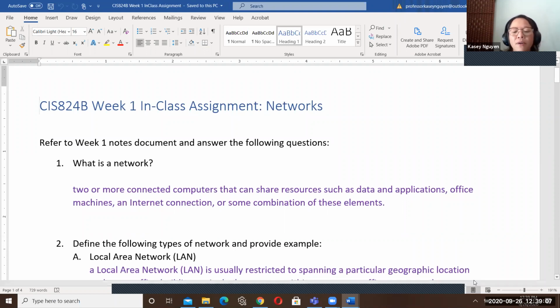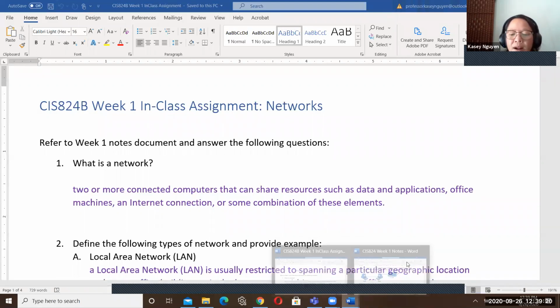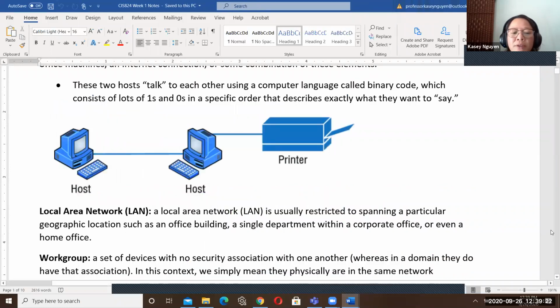Okay, any questions? So you should expect something like this on our quiz, okay? And for the second part, it talks about local area network. So when you start looking for jobs, for example, my students, they want to be a network technician, right?